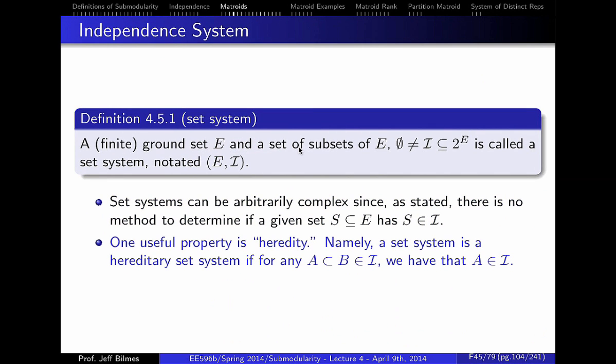So one useful property is the notion of hereditariness, or subclusiveness, or downclosedness. Basically what that means is, as we've already seen in the case of the matrix, if B is a member of I, then any subset also has to be a member of I. So it's a hereditary thing.